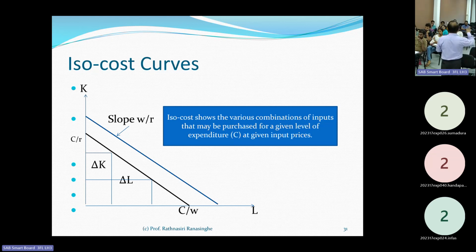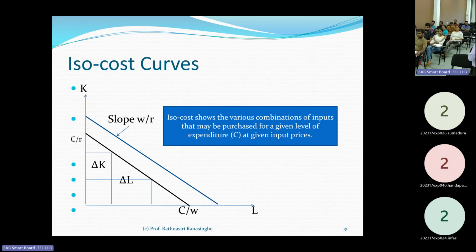So that determines the prices of the factors of production. Accordingly, we can decide the total outlay, the total expenditure the producer makes. So we need to incorporate those aspects into our model.